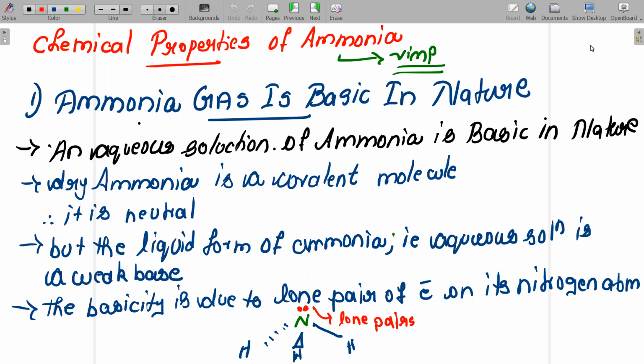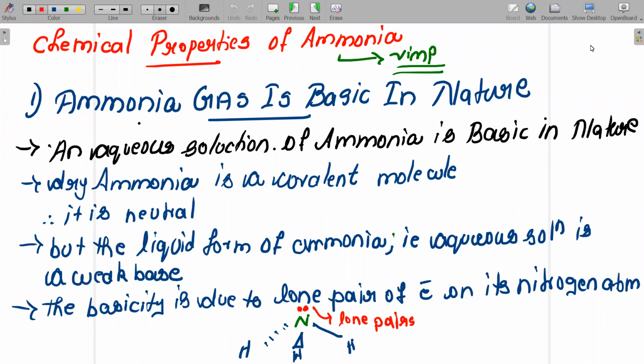Why are we using calcium oxide as a catalyst? In case of HCl, we didn't use calcium oxide. Instead of that, in case of HCl, we introduce concentrated sulfuric acid. But in this case, we are using calcium oxide for ammonia preparation.